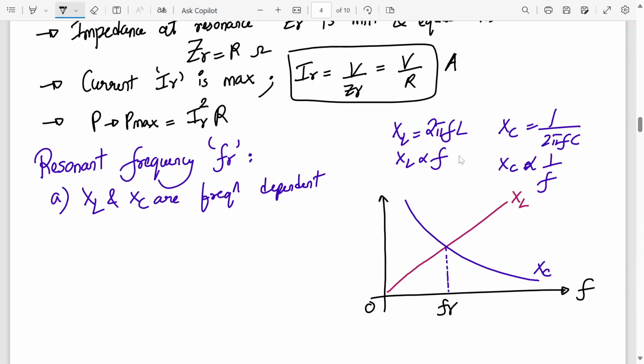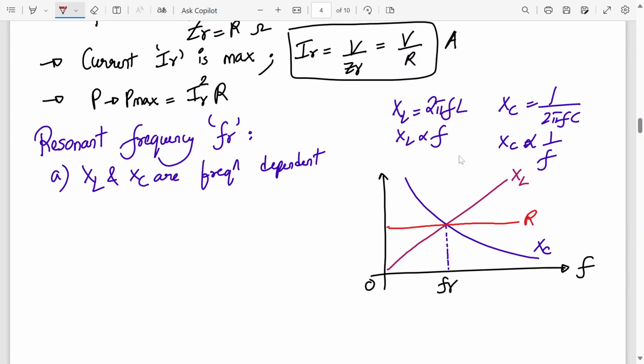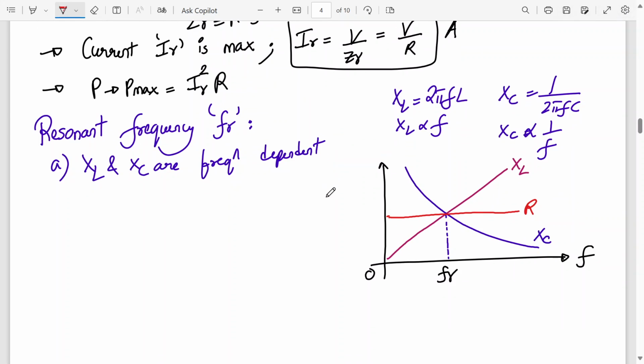So when XL is equal to XC, then resonant frequency happens. And there is one more line for the resistance. So this straight line is resistor R. So this is frequency versus impedance of the circuit.